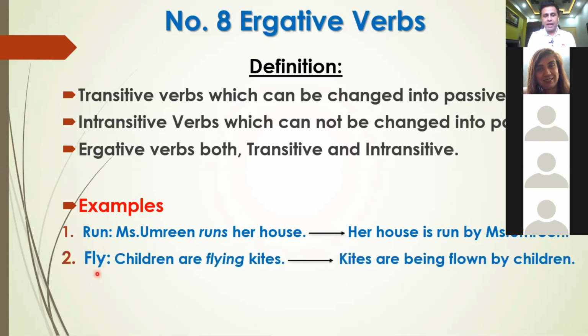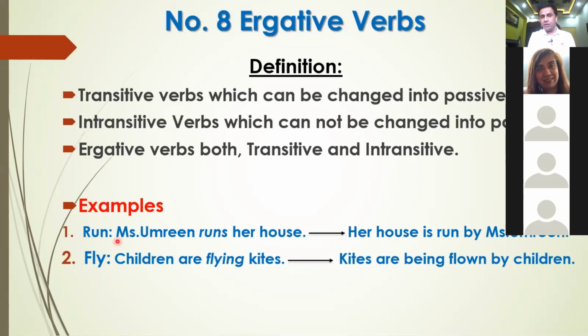Similarly, the word fly. Children are flying kites. Now you can change fly into passive: The kites are being flown by children. But if I say the birds fly in the sky, you cannot change fly into passive, so it becomes an intransitive verb.